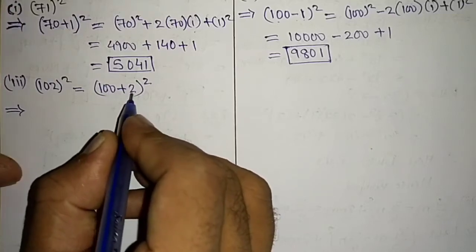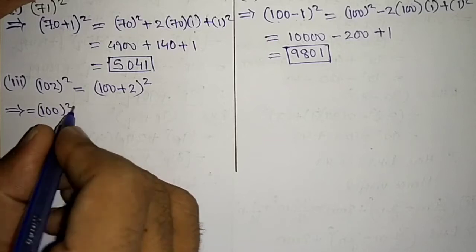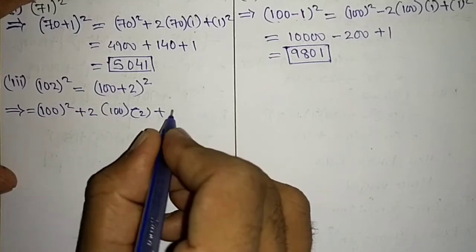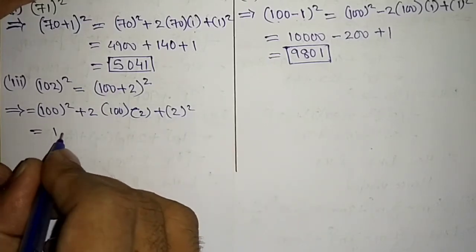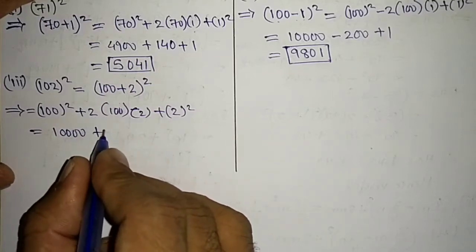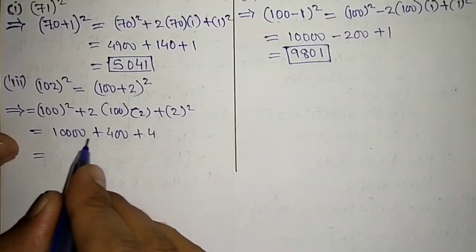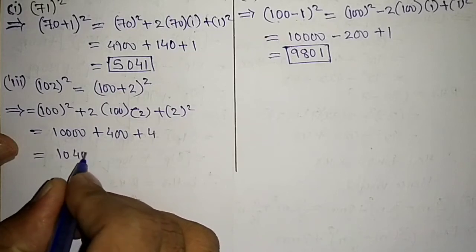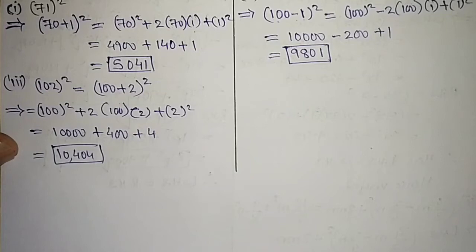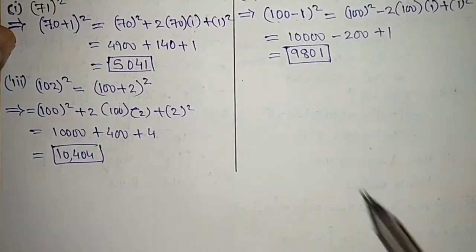Using the a plus b whole square identity, I will get a square plus 2 into a into b plus b square. 100 square will give me 10,000. 100 2s are 200, 2 2s are 400, plus 4. So 10,404 will be my answer. Hope you are getting how we can solve numbers if they have given us.